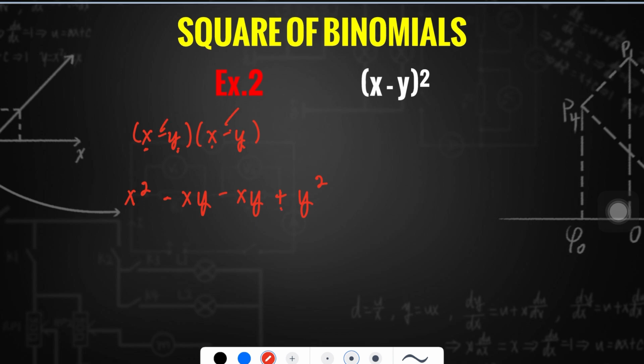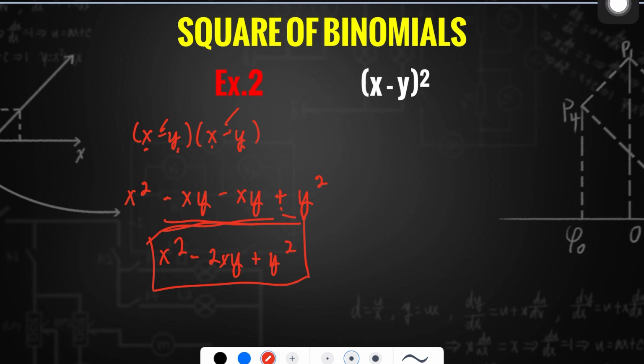And then I'll combine the like terms. So we have negative xy minus xy, that's negative 2xy. And then bring them down, and that's our final answer. Okay, sorry guys, not a perfect box. Right, let's do the basic formula for squaring binomials. So, square the first term, that's x times x, x squared.